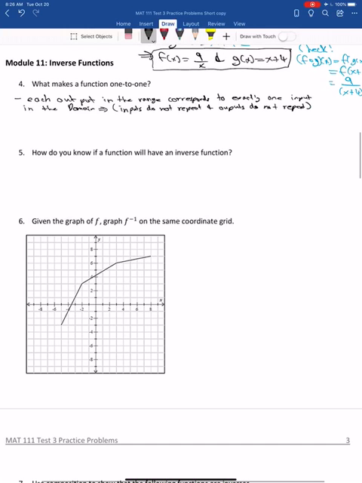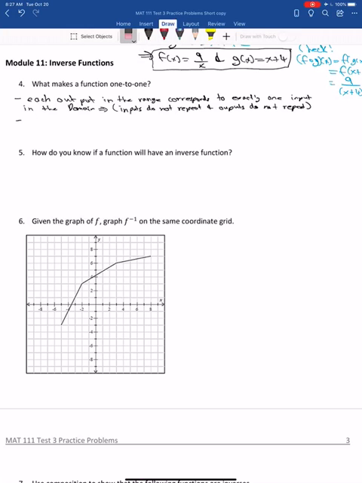All right. And we also talk about functions graphically, right? We talked about the vertical line test to prove each input gives you exactly one output to make a function. A vertical line can only cross at most one point. Well, in a one-to-one function, not only is it a function, does it pass the vertical line test, it also passes the horizontal line test. So it passes both the horizontal line and vertical line tests.